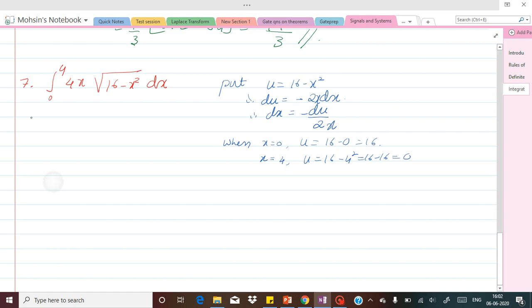So here integration between, now u equal to lower limit is going to be 16, upper limit is going to be 0, 4x as it is under the root term, under the root 16 minus x square, so that is now substituted as u, under the root u, dx is du by 2x with the negative sign.